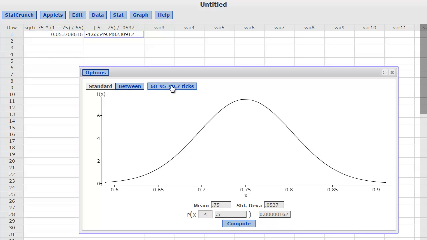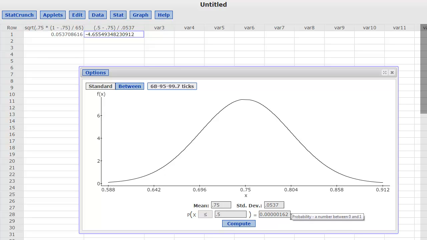And so now it'll actually give you the 0.75, and then the 0.696 is going to be one standard deviation, two standard deviations, three standard deviations. So you can see that it's more than three standard deviations away, and it gives you the exact same value.